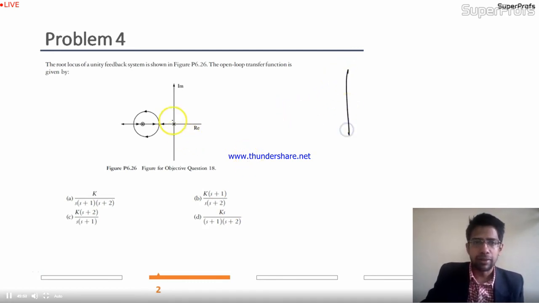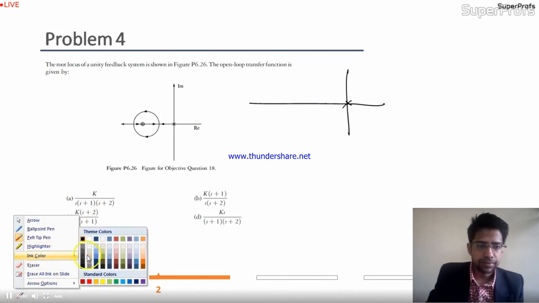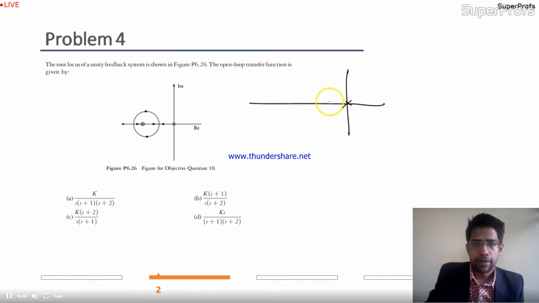So let me redraw this for you. One of the poles is at 0 and the diagram is like this. Let me use another color to show you this. So this is my root locus. You have a circle here and you have one pole given here.